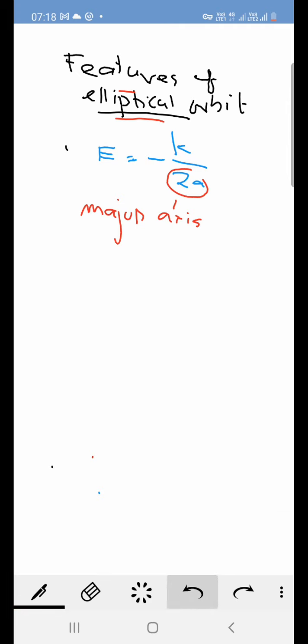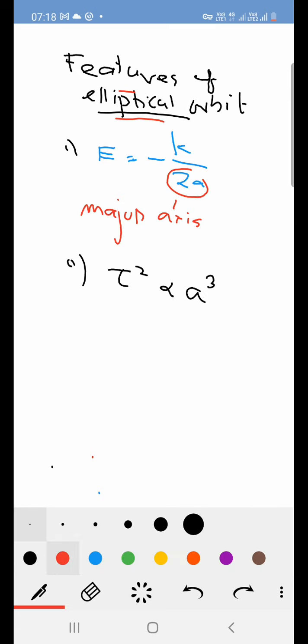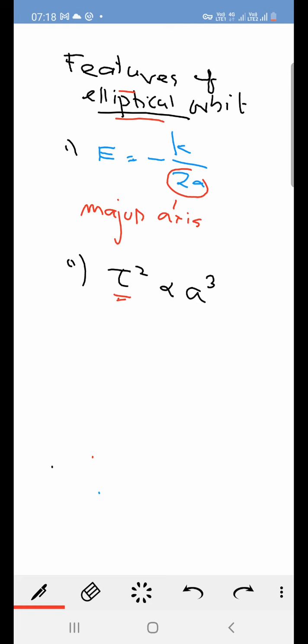The second feature of an elliptical orbit is Kepler's law. That means the square of the time period of revolution is proportional to the cube of the major axis. So the period of the elliptical orbit, tau squared, is proportional to the major axis cubed. These are the two main features.